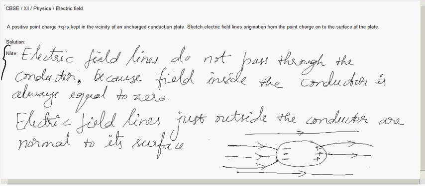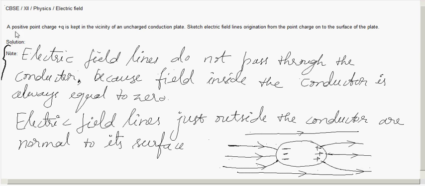Then they go straight here. So this point you have to note. After that we can solve this. Now we will take up this problem.